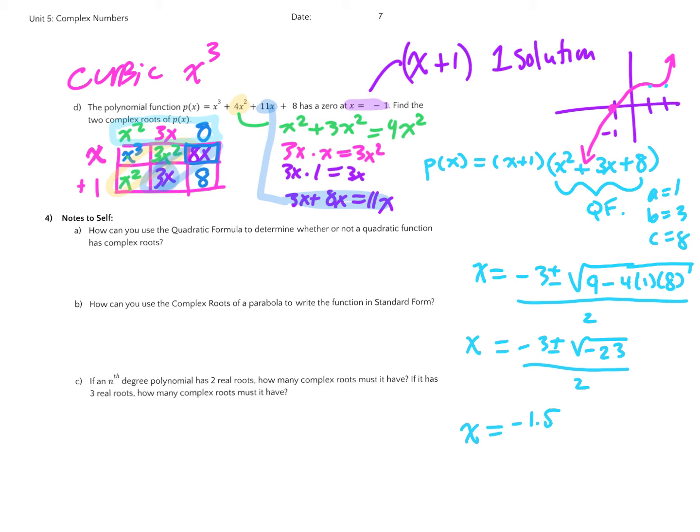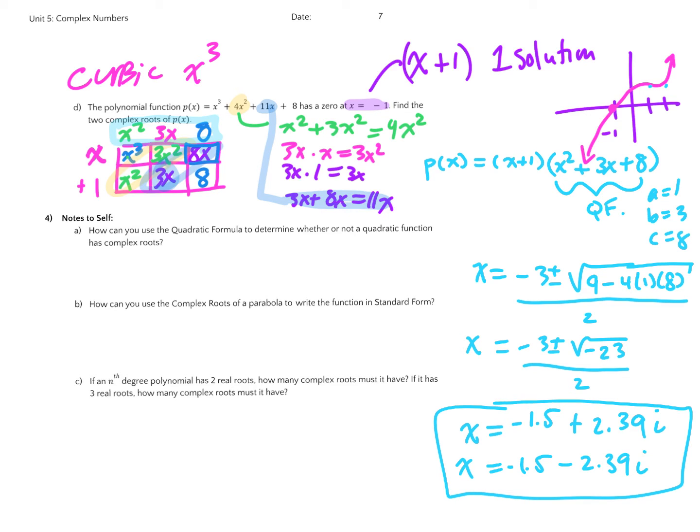Negative 1.5 plus 2.39. Oh, it didn't show me my i, but I found it. I just had to push the arrow button. Minus 2.39. Oh, it's 2.4, but this works too.